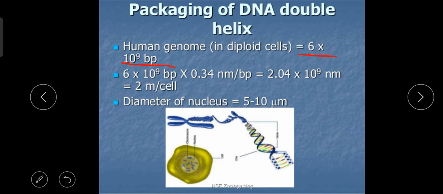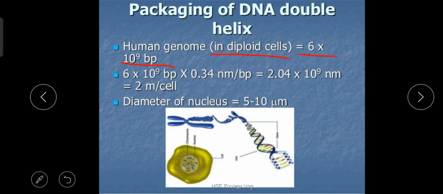That means in one cell of eukaryotic animal, which must be diploid. In haploid cell, the number of base pairs are only 3 billion, that is half of the 6. So haploid means half, diploid means double. Diploid means when total number of chromosome number in human cell is 46, that is called diploid cell.